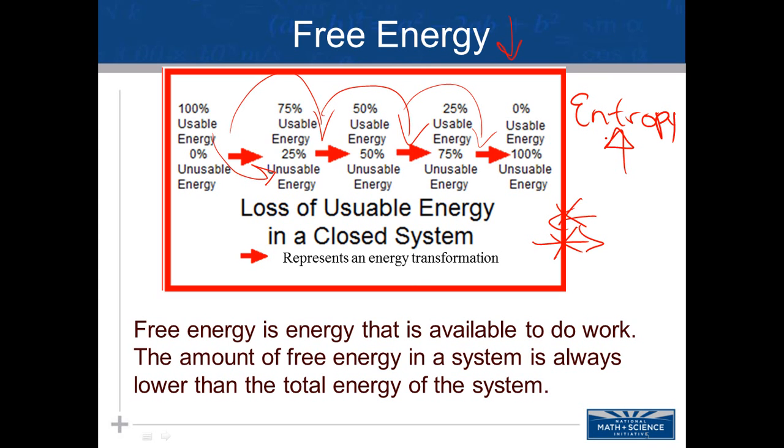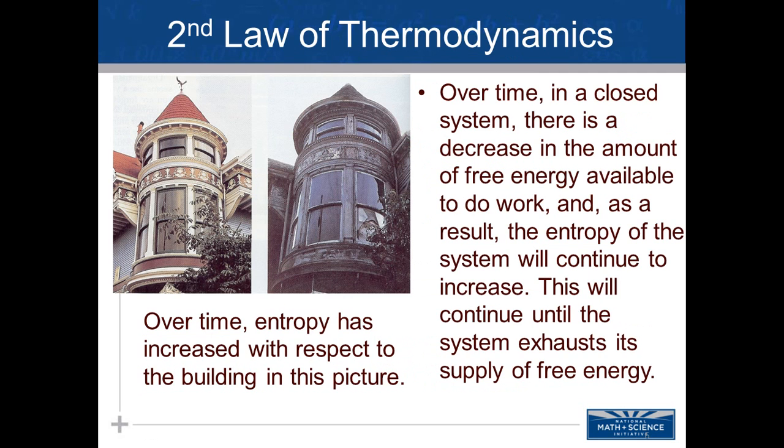As that is occurring, the disorganization of the system is going to increase, or the entropy is going to increase. So here's a nice little picture of what happens with entropy. Here's a beautiful new house, but time goes by and there's no energy put into maintaining this house, and you can see entropy is winning and disorganization is going to prevail.